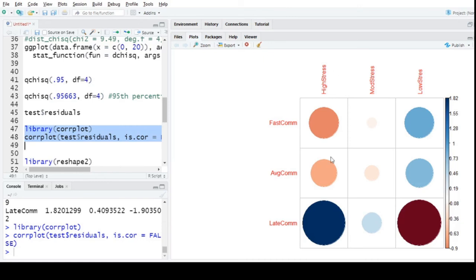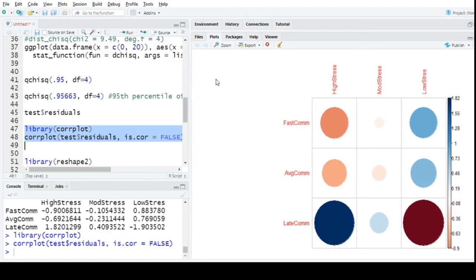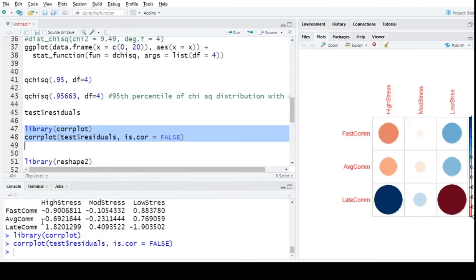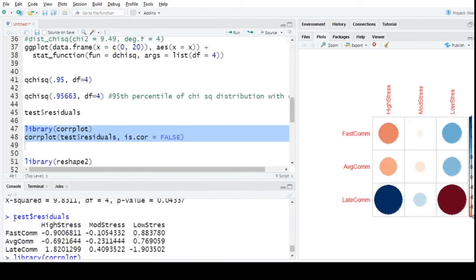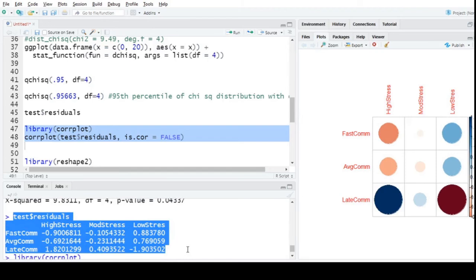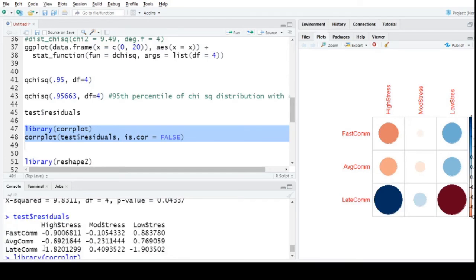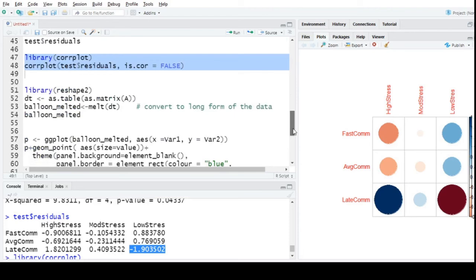So if you see, high stress and late commuting time has a very positive association, while lowest stress and late commuting time has a very negative association. We can see this from the residuals also. This shows very negative association. So we can plot a residual plot as well.